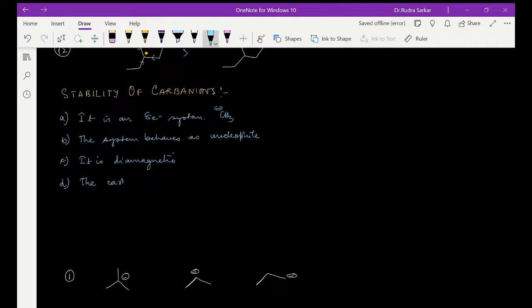The carbon is sp3 hybridized and has pyramidal shape, unlike in carbocation or in radical, where it was sp2 hybridized.